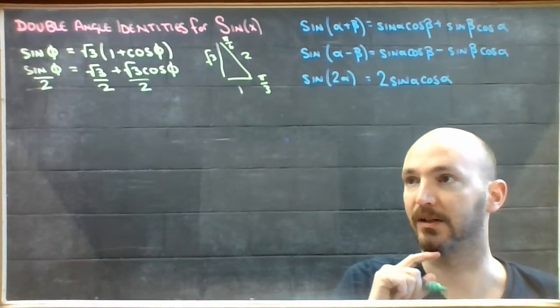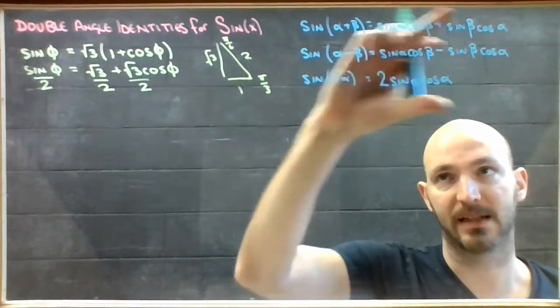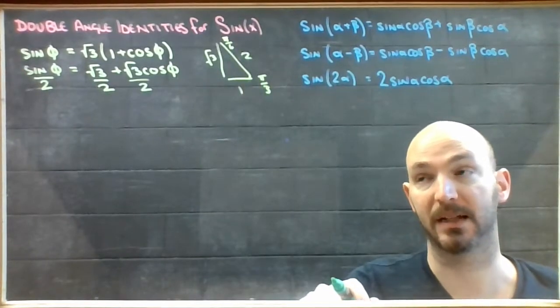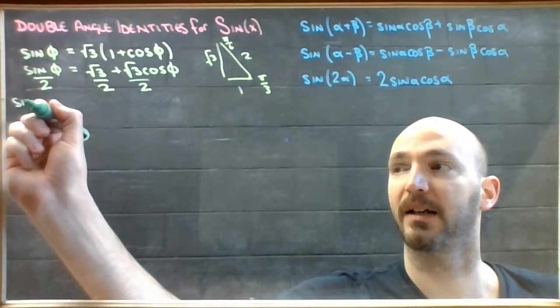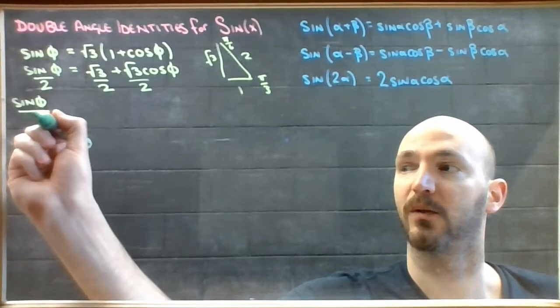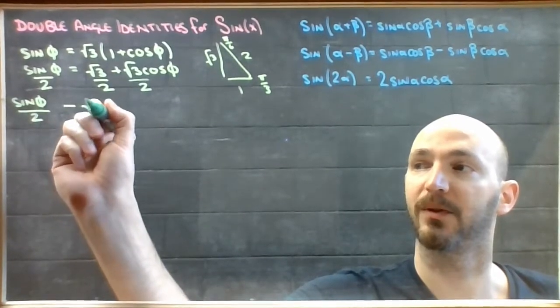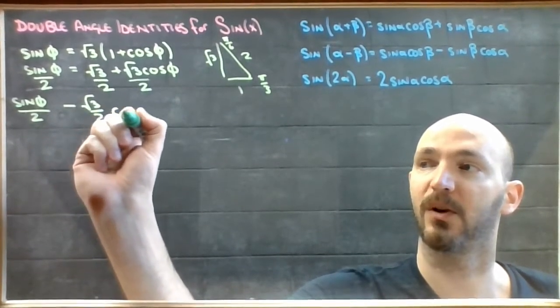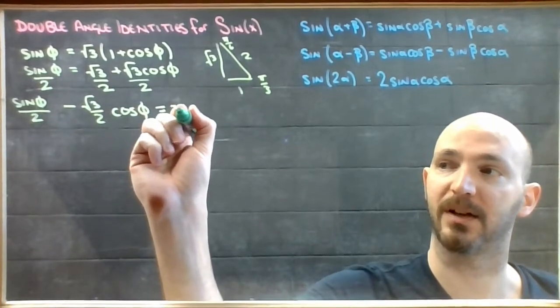Okay, that's encouraging. So the sines and the cosines in these double angle identities are supposed to be together. So I'm going to pull this over to the other side. So I end up with sine phi over 2 minus root 3 over 2 cosine of phi equals this root 3 over 2, which I've left alone.